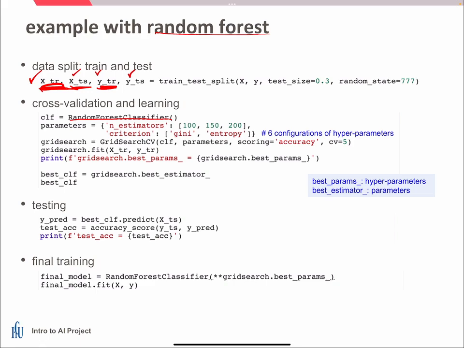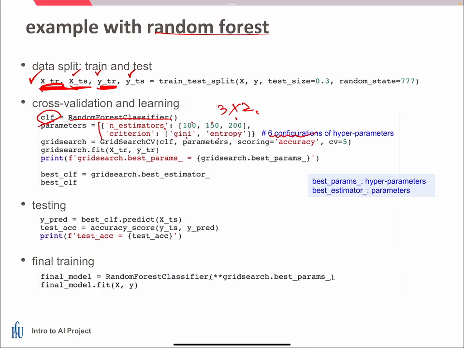Then we make an instance of this classifier, and then we have parameters. These are hyperparameters. Since we have three numbers for the number of estimators and two criterions, we have 3 by 2, which means in total 6 configurations of hyperparameters.